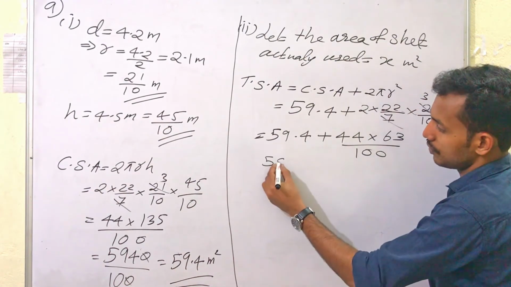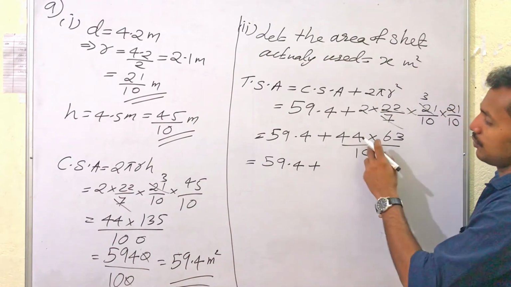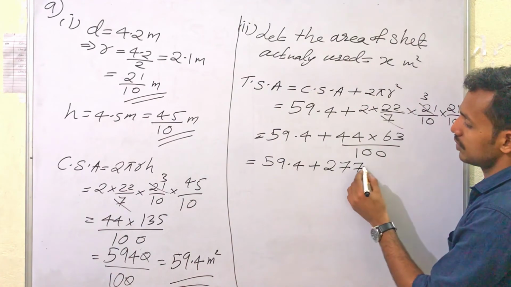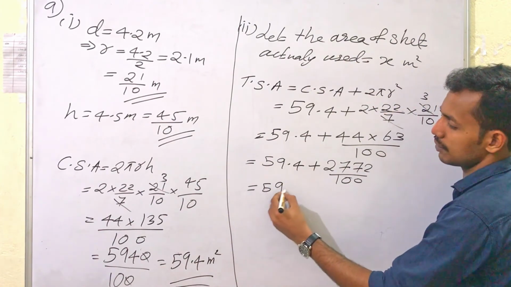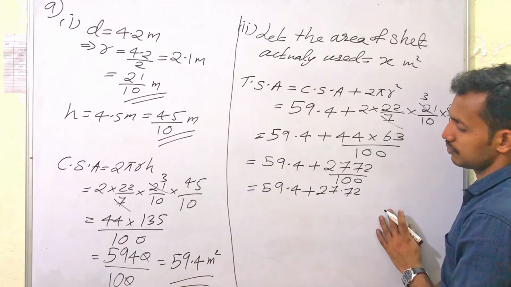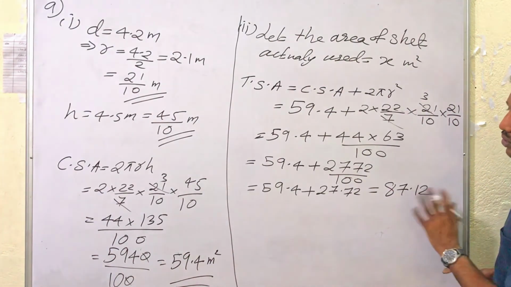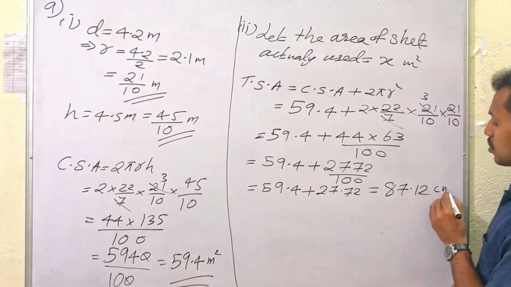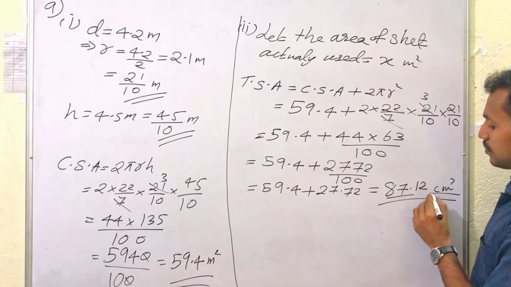That is 59.4 plus 44 into 63 is equal to 2772 divided by 100. That is equal to 59.4 plus 27.72, which is equal to 87.12. Because I am not going to do the numerical calculations, okay? You can try yourself. So this is the total surface area of this cylindrical tank.